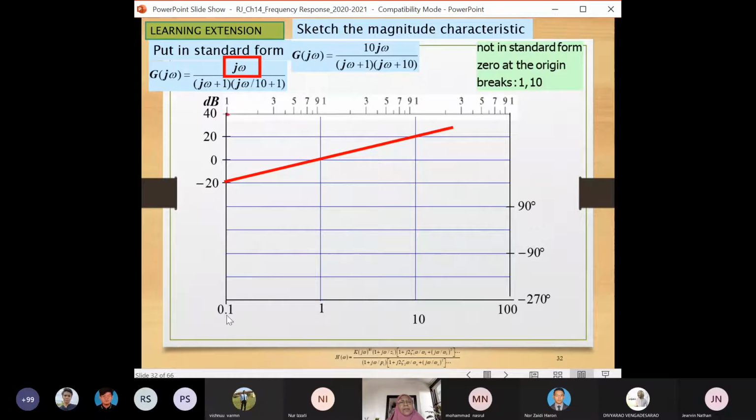If you take 0.1 to 10, it must span from negative 20 to positive 20. From negative 20 to 0 is 20 dB per decade. From 0.1 to 1 is one decade, from 1 to 10 is another decade. So the increment of the x-axis is per decade: 1, 10, 100, 1000, and so on.